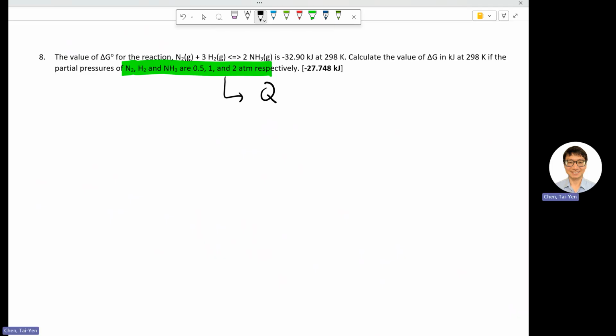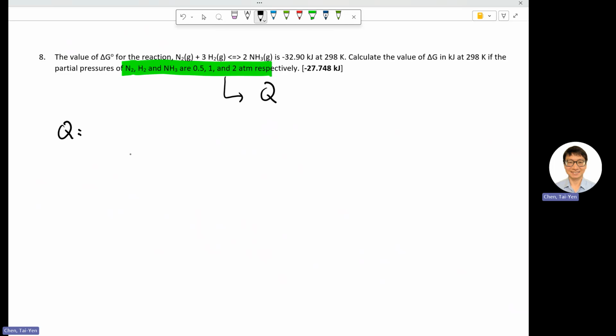The reason I mention this is that so far, there's only one equation that we talked about that has Q in it, which is delta G of your reaction equals delta G naught plus RT natural log Q. That's the only equation that contains Q, and that's the equation you're going to use here.